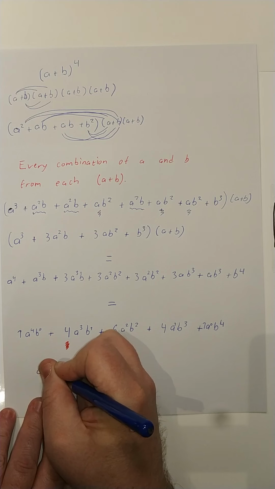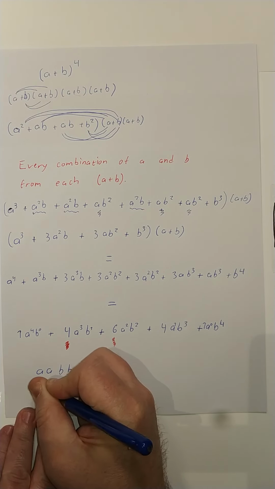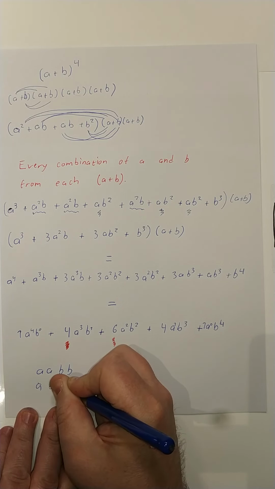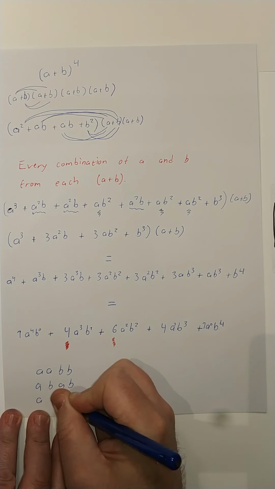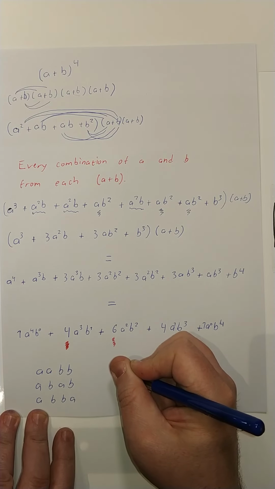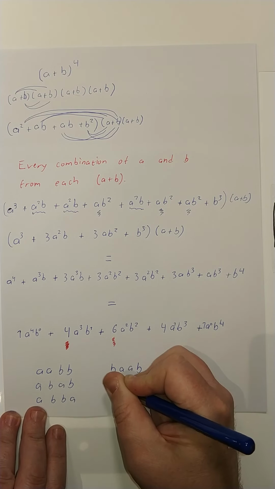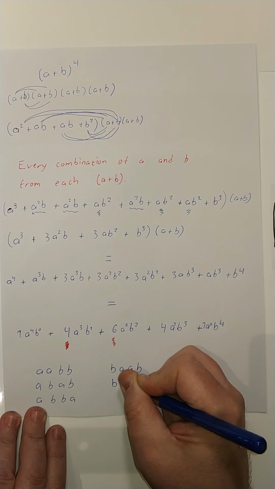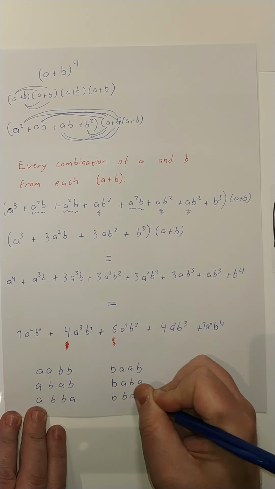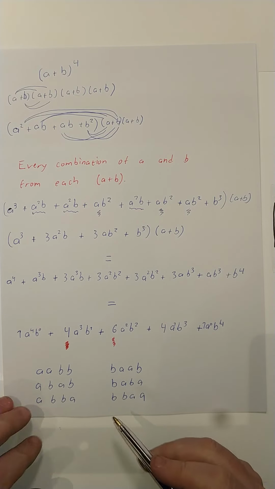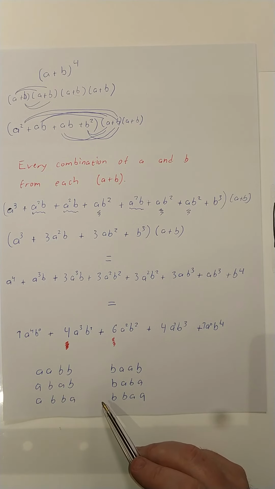That can be a, a, b, b, a, b, a, b, a, b, b, a, or it could be b, a, b, a, b, a, a, b, or b, b, a, a. That's 6 of them. Those are the only combinations with 2 a's and 2 b's.